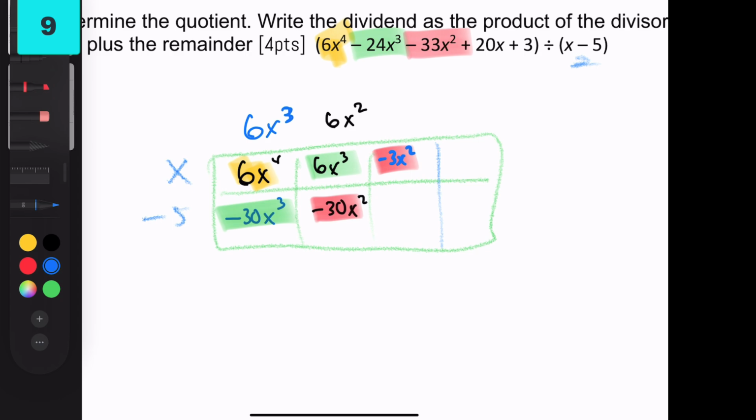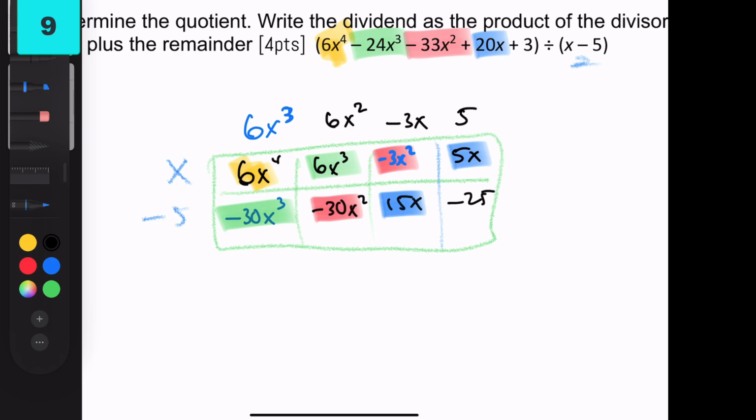And then we're just going to multiply. Negative 3x, 15x. 15x plus something equals 20x. That'll be 5x. This will be a 5, negative 25.